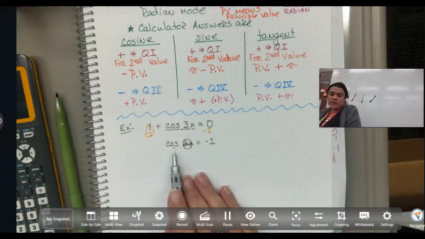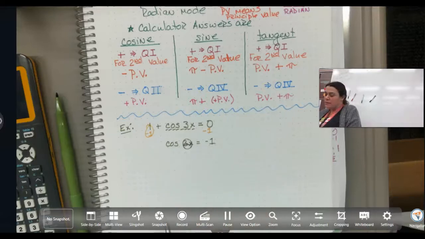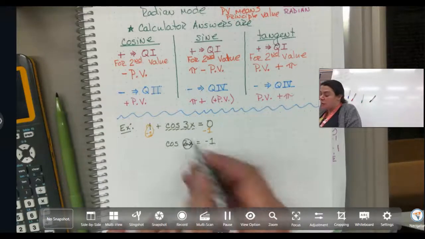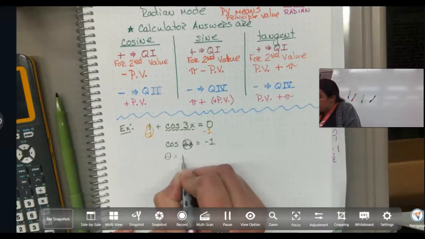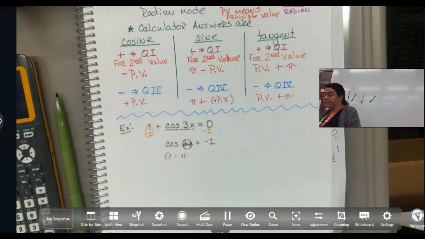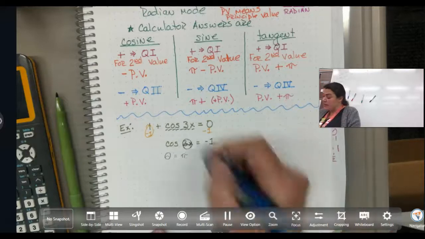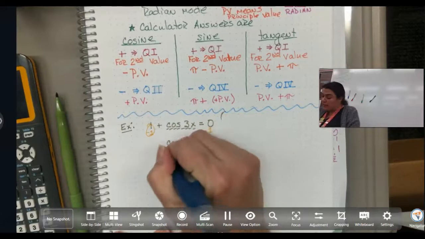So now I get to ask myself, if cosine of theta is equal to -1, when does that happen? Well, on the unit circle, the only time we have a cosine that's a -1 is when theta equals pi. Now, it's not really a theta, because if I use my fancy schmancy eraser and get rid of theta, it was really 3x.